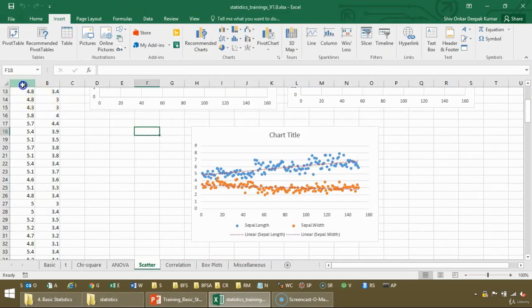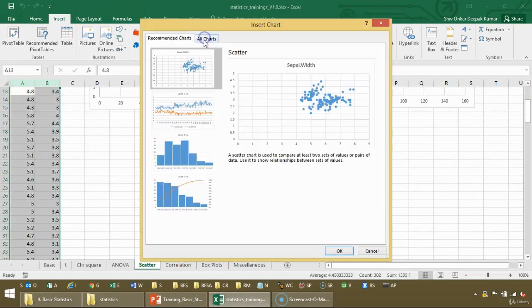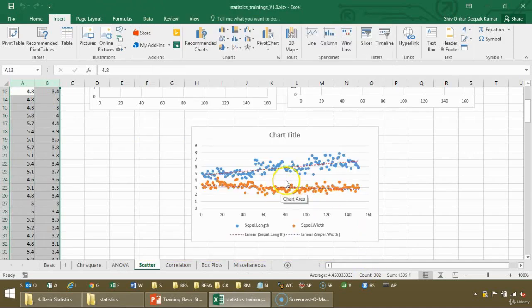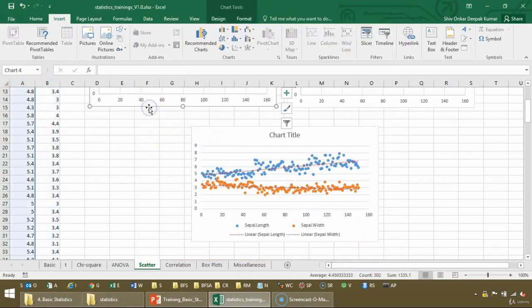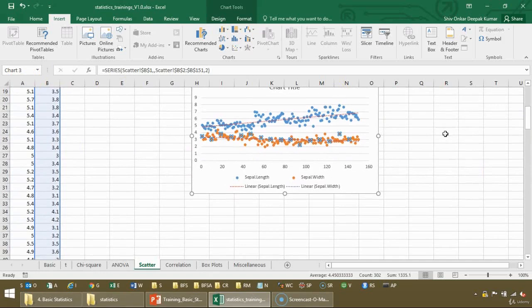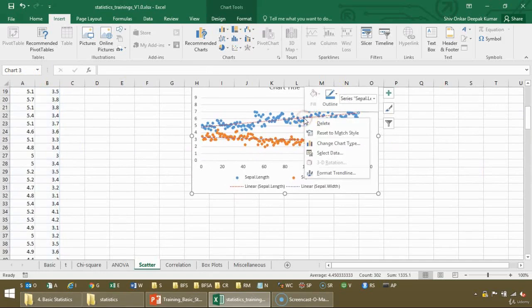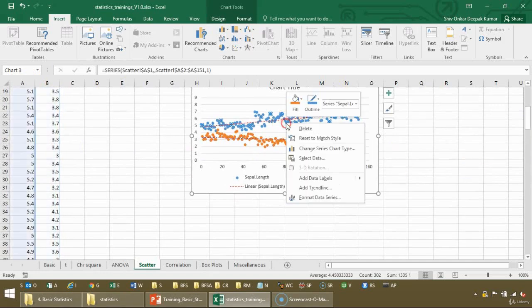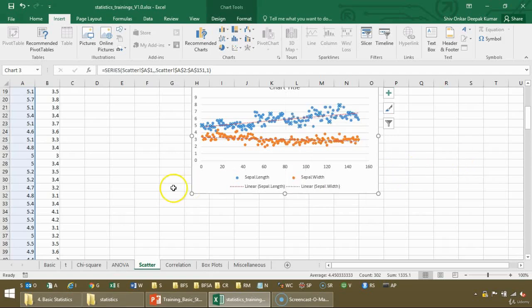When you select both data, it will show you this graph together. So these two you can generate after selecting one by one, and for these two we have to select both data, and then you can simply add over here and say Add Trendline. That's all. This is how you draw the scatter plot.